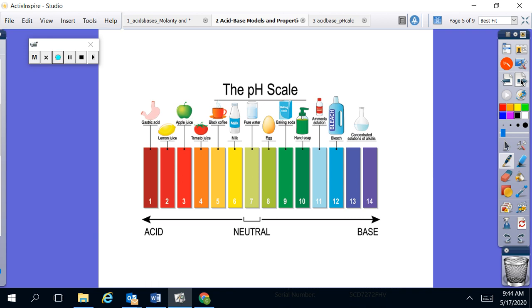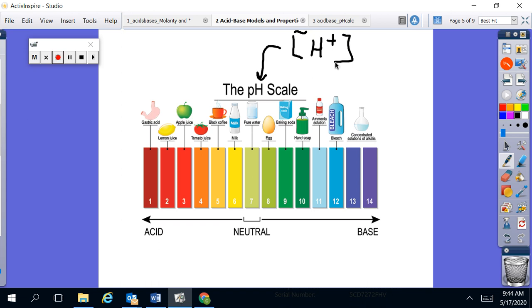Okay, now let's briefly talk about the pH scale. You should be pretty familiar with it from other science classes you've had, but just to review again, it's a scale measuring basically the concentration, or molarity, of H plus.